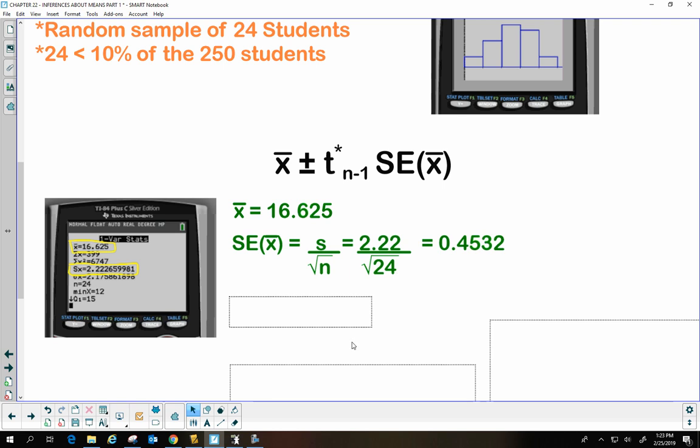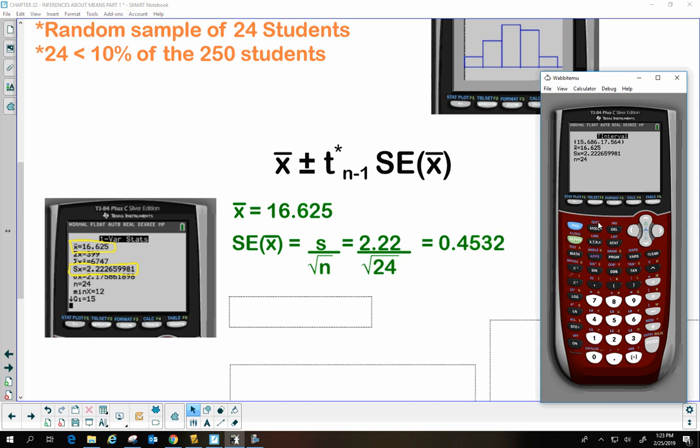Lastly, I need this t star. I'm going to show you how to calculate t star. I'm going to hit second, vars, and we've calculated z star by doing inverse normal. You can see right underneath it is inverse t. I'm going to put my area in there. Since it's a 95% confidence interval, there's 97.5% of the area underneath that curve, so 0.975. df is degrees of freedom.